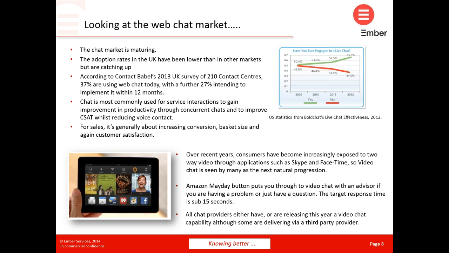We are used to Skype, we are used to FaceTime via Apple, so it's seen as a natural progression and a much more familiar technology than it was before. And with Amazon Mayday, which is gathering quite a lot of media attention at the moment, with a response rate of 15 seconds to speak with a video chat via your device, that opens up the whole cross-sector market to the advent of video chat.